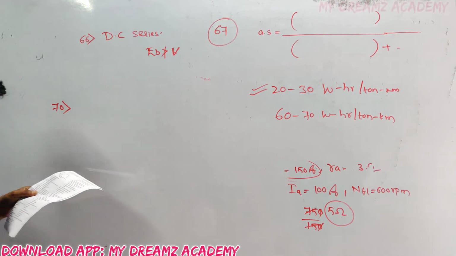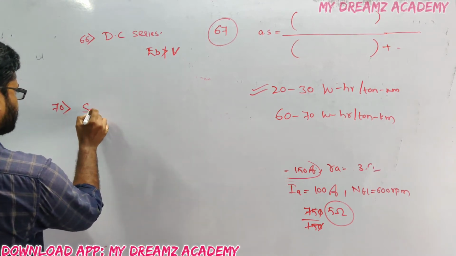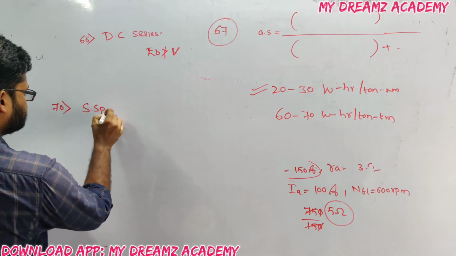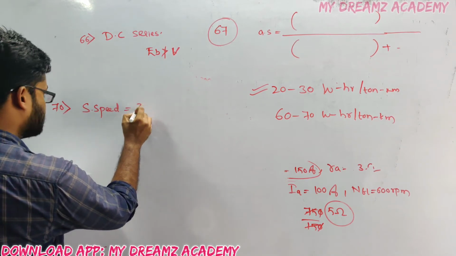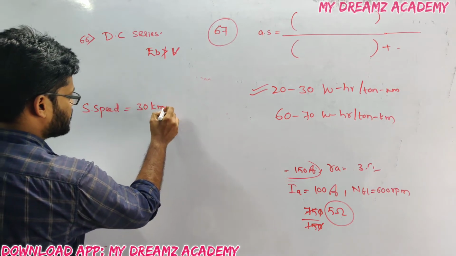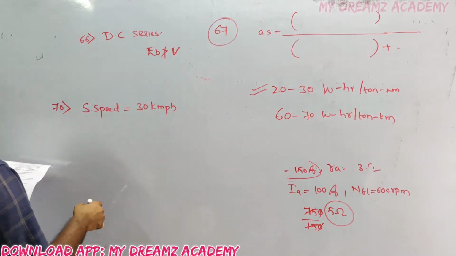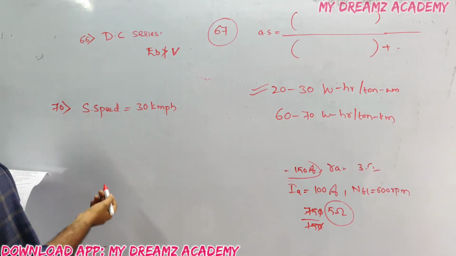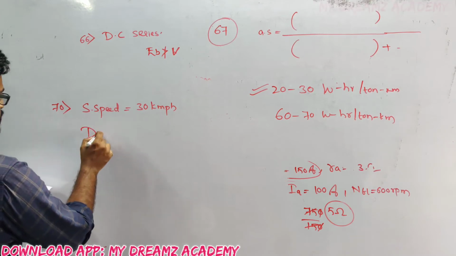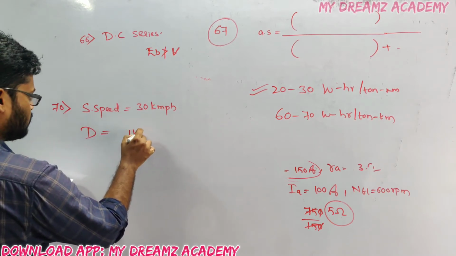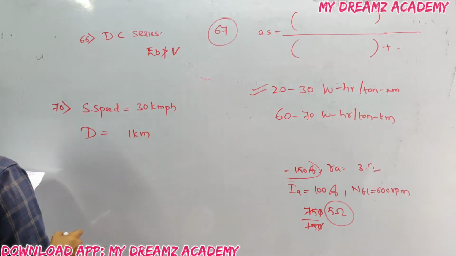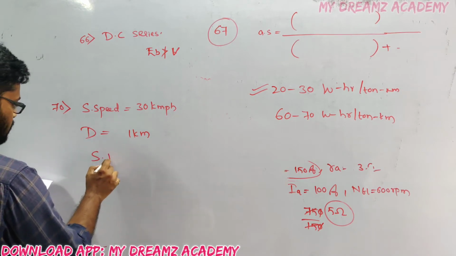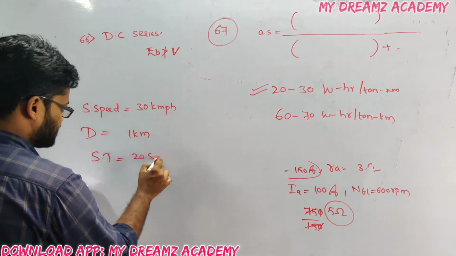The given data for this one is scheduled speed. Scheduled speed is 30 kmph, kilometer per hour, on level track. The distance between the stations is 1 kilometer. Stopping time is 20 seconds.